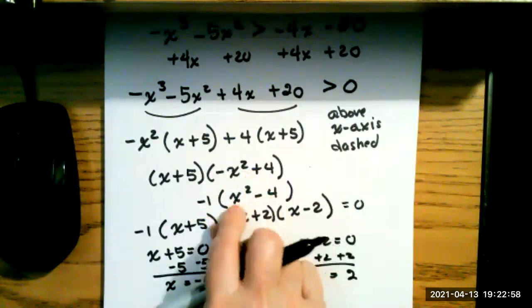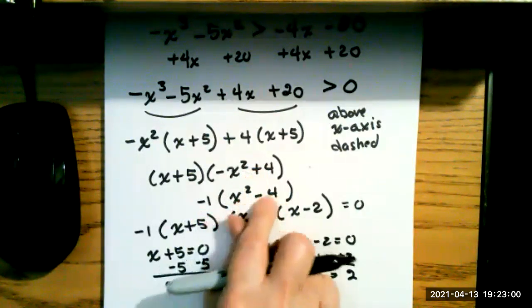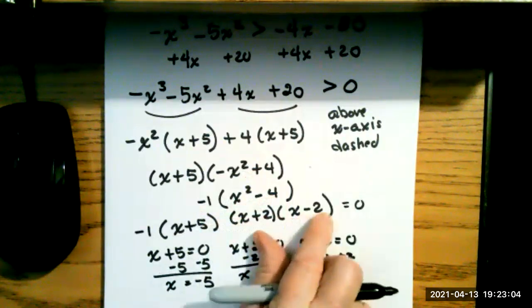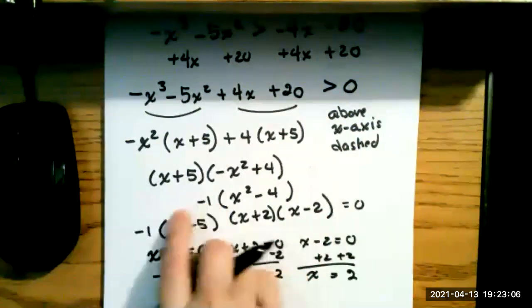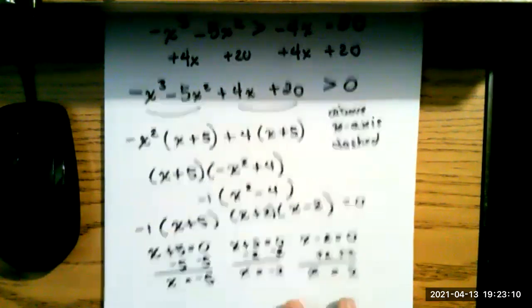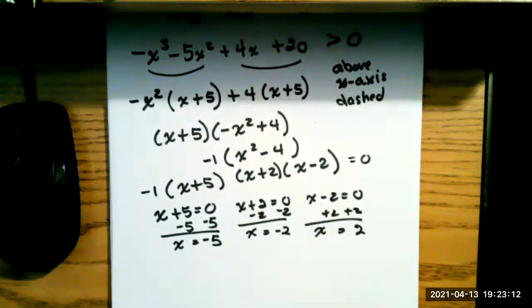And this looks like my old difference of two perfect squares, x plus 2 and x minus 2. And this negative 1 I can just take out here in front of the whole thing, and it doesn't have an x with it, so it's not going to change anything. Okay.